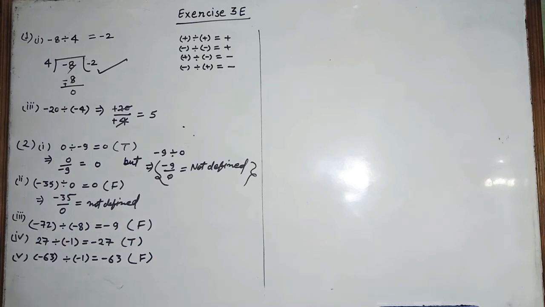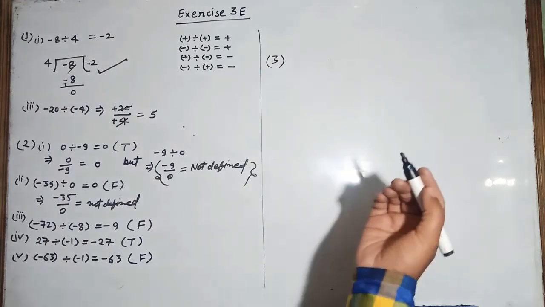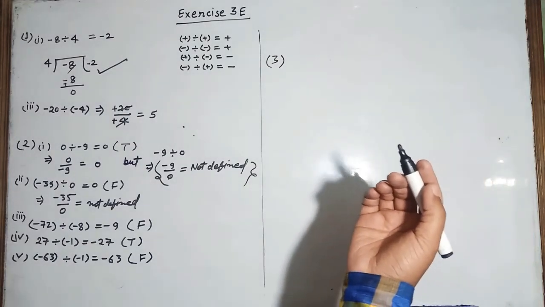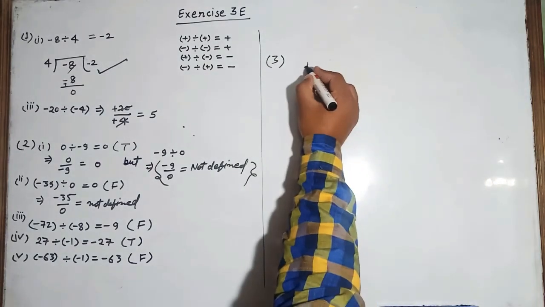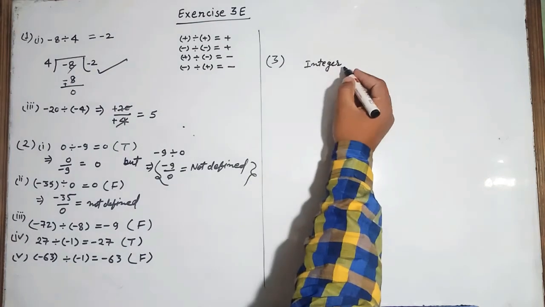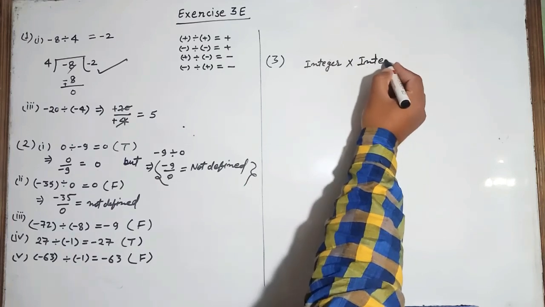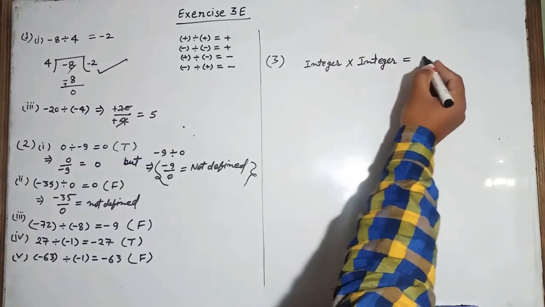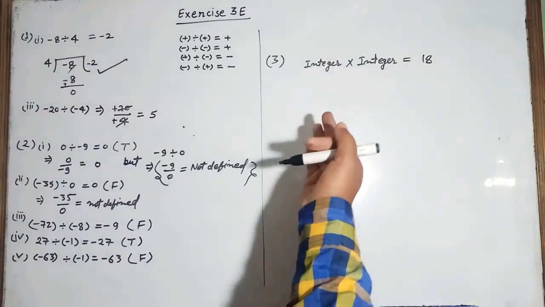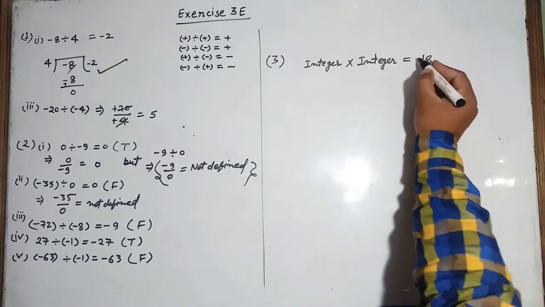Question number 3 is: you have to name two integers whose product is minus 18. We have to write integer into integer is equal to minus 18.